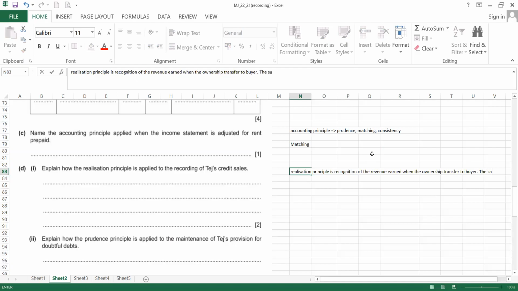The sales should not be recognized if the risk and the ownership have not transferred to the buyer.